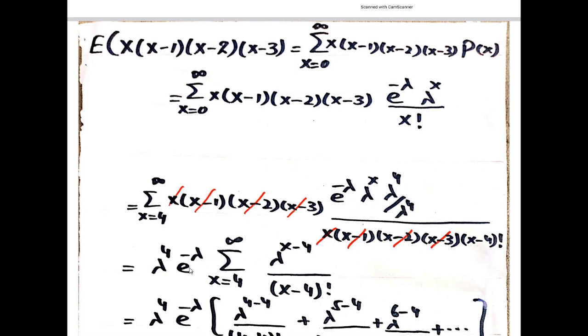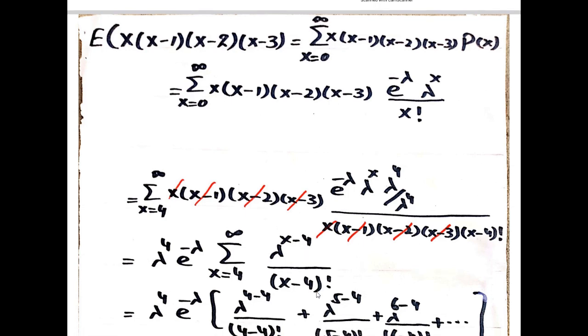Lambda^4 e^-lambda, random variable x ranges from 4 to infinity. Here the lambda^4 which is in the denominator, when we take it in the numerator it is lambda^-4. So when the base is the same, we add the powers, we write it as lambda^(x-4) over (x-4) factorial.